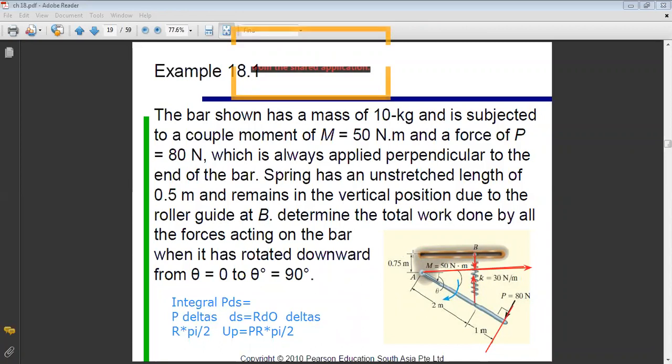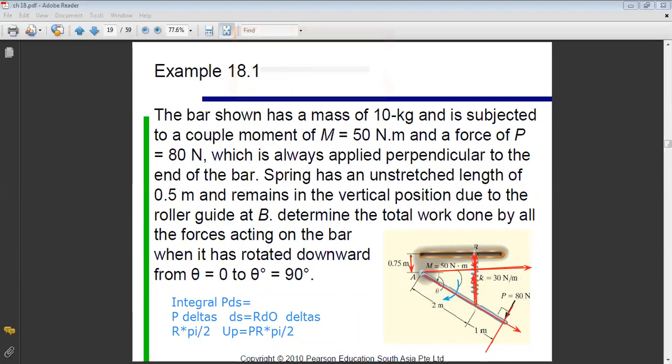It was 0.75, okay? And when my bar is at this position, after doing rotation, my spring will remain vertical. It will not be inclined because I have the roller guide here. So the total length of my spring here will be equal to this one.